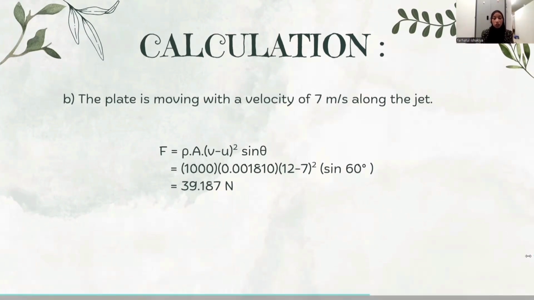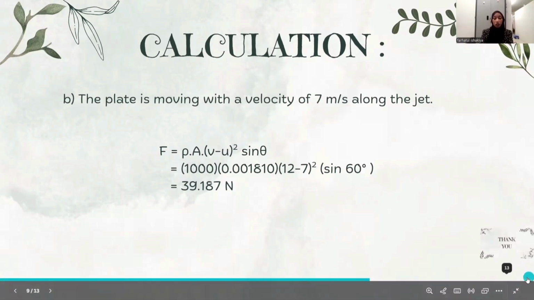So substituting into the equation, we got 39.18 newtons. So the force acting on the moving plate is 39.187 newtons. Compared to the static plate case, the force is much smaller because the plate moves along with the jet, reducing the relative velocity of impact.